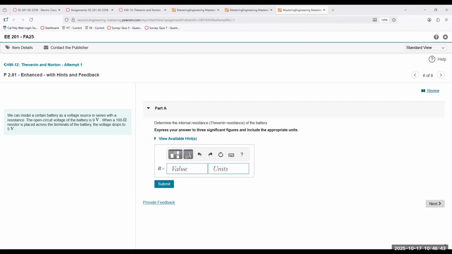And so the relationship between these three quantities can be written as VTH is equal to IN times RTH. Ohm's law relates these three quantities.